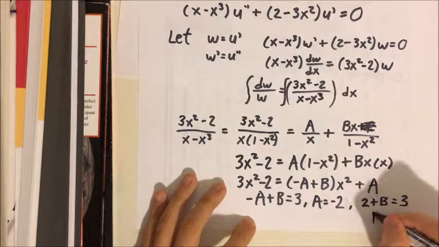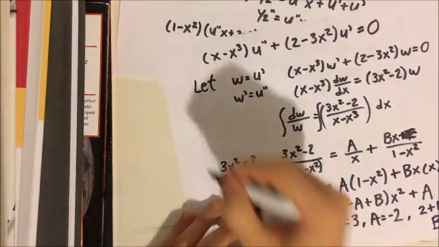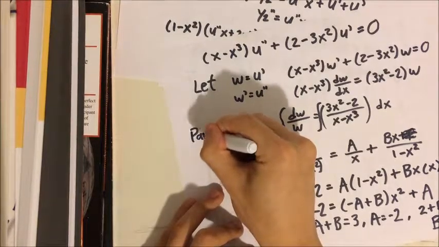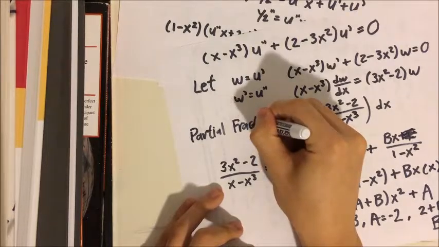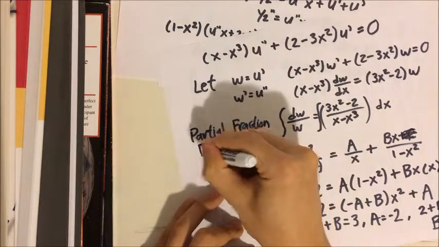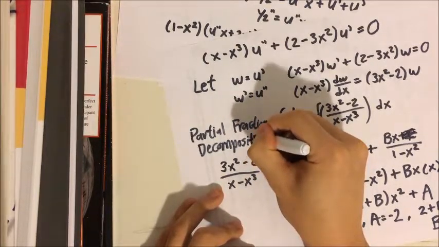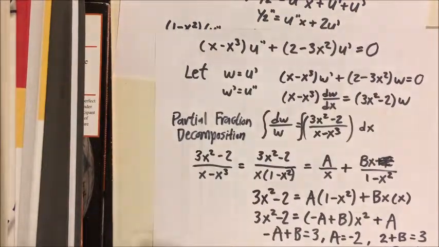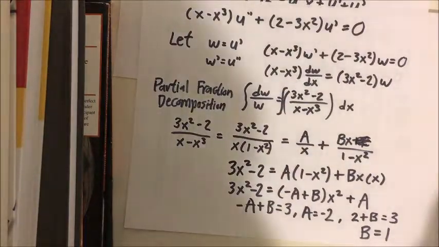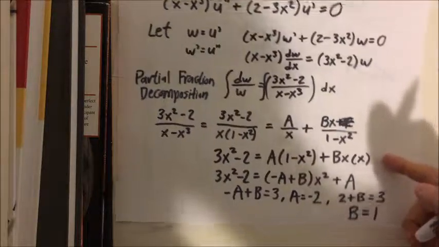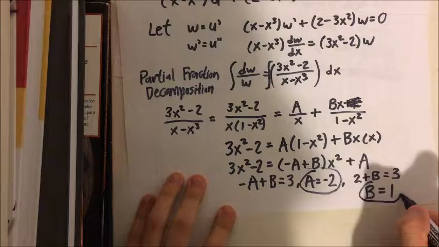Subtract 2 from both sides, and we know that b is equal to 1. So this whole technique over here, partial fraction decomposition, gives us a way to integrate this intimidating looking rational polynomial function over here. So we got a is equal to negative 2, b is equal to 1.